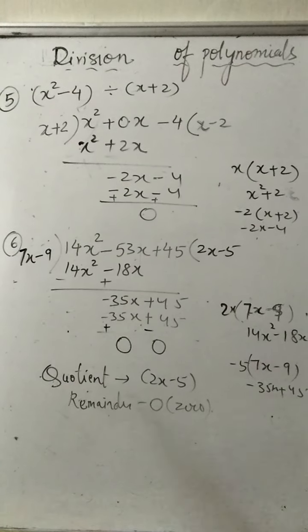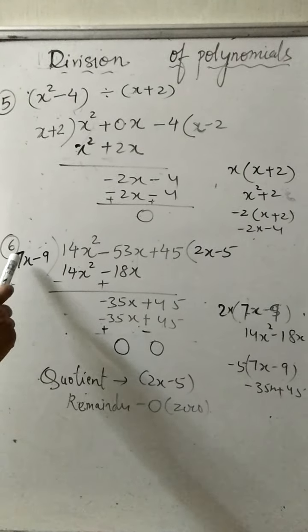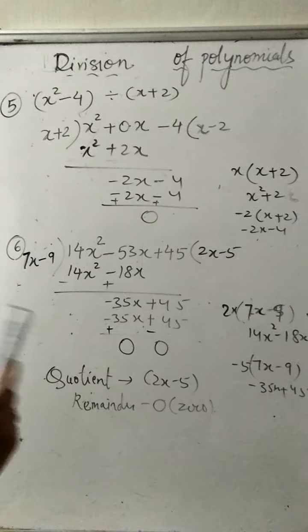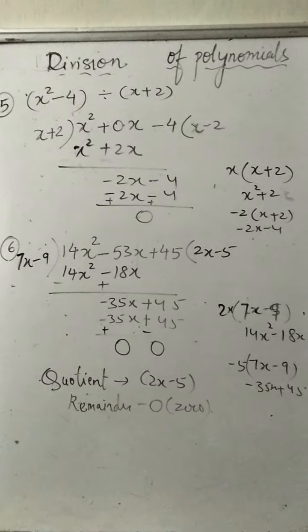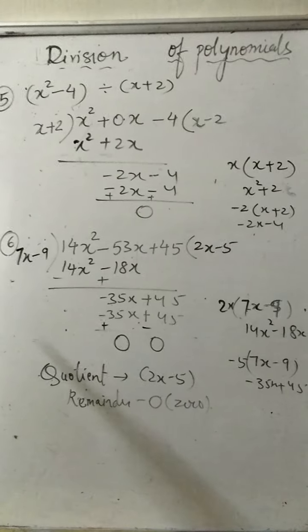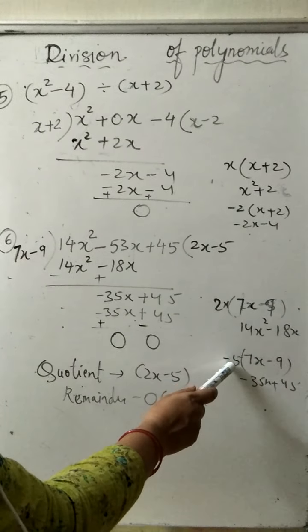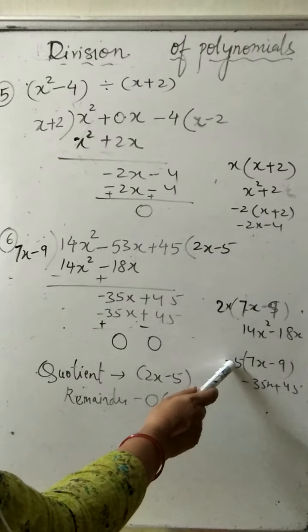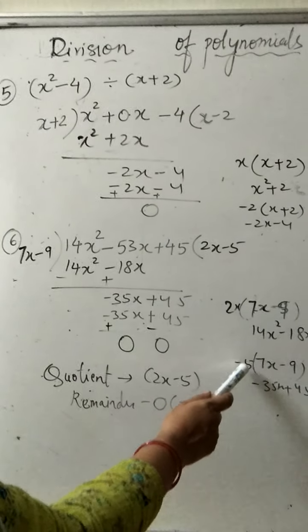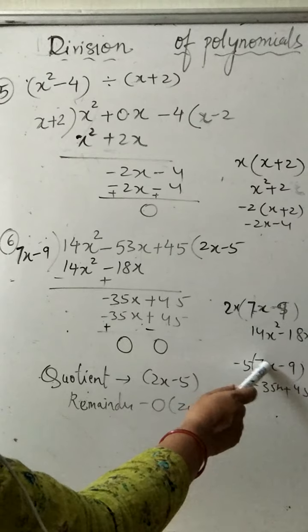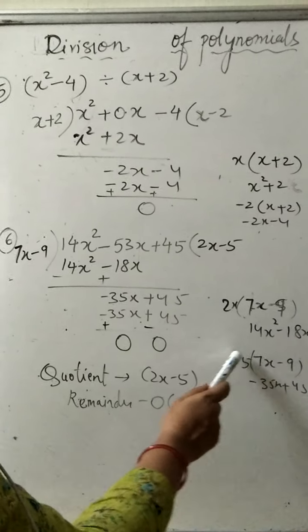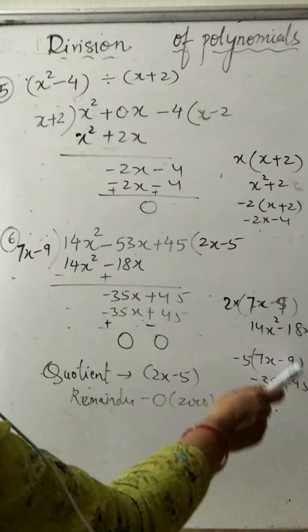Now our target is to cancel minus 35x. You have to think of the number which should be multiplied with 7x so that it gives minus 35x. As we know 5 7s are 35, and because we need a minus sign, we need to put minus 5 here. Minus 5 into 7x is minus 35x, and minus minus plus, 5 9s are 45.